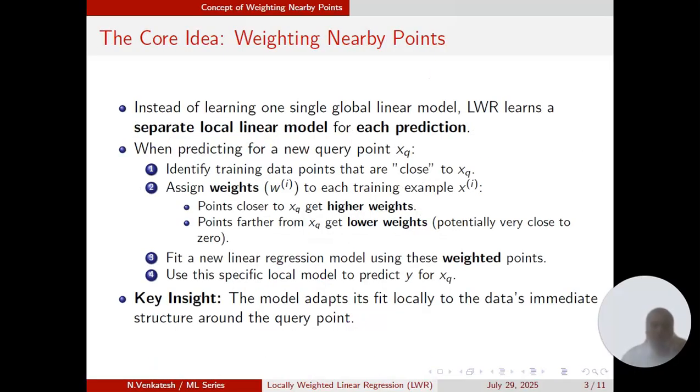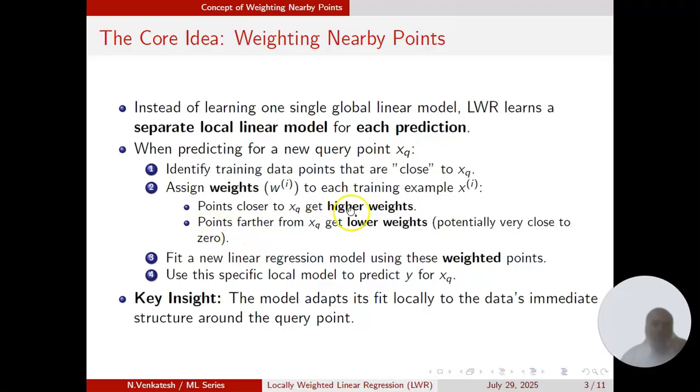In case of the linear regression model, as you know, we create a line for all the data by considering all the data, but here it creates a separate line for each prediction point by considering the nearby points. It considers nearby points by assigning weights to those data points.